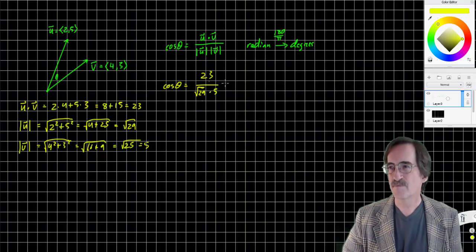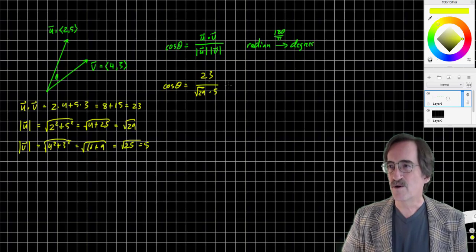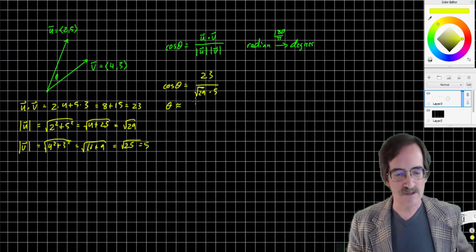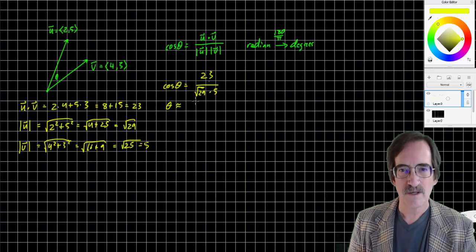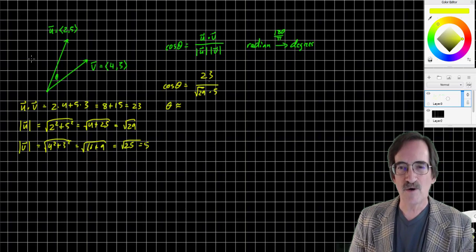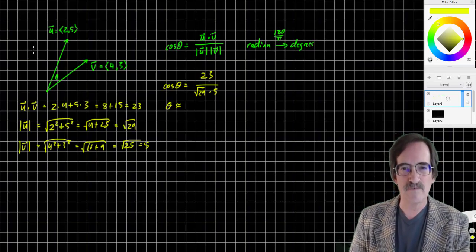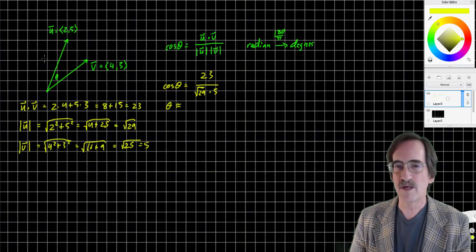Okay, and so now we can find the angle by taking the arc cosine. So theta is approximately... and the sketch is always good, because remember, we need to be aware of whether the angle is obtuse or greater than 180, etc.